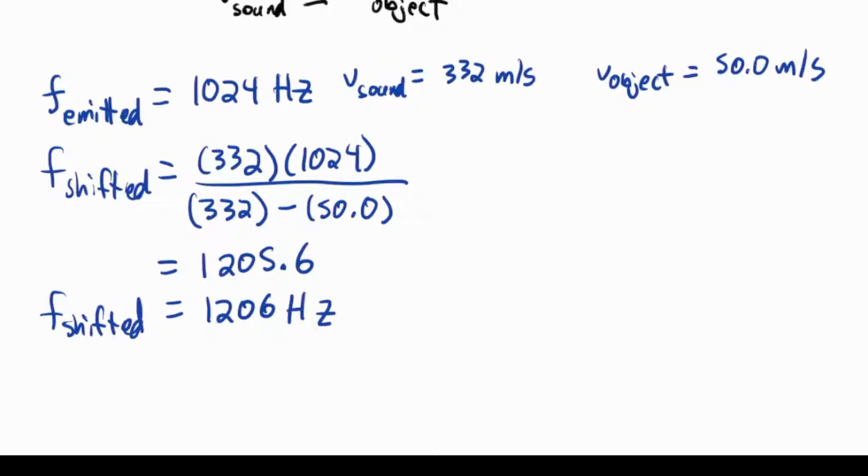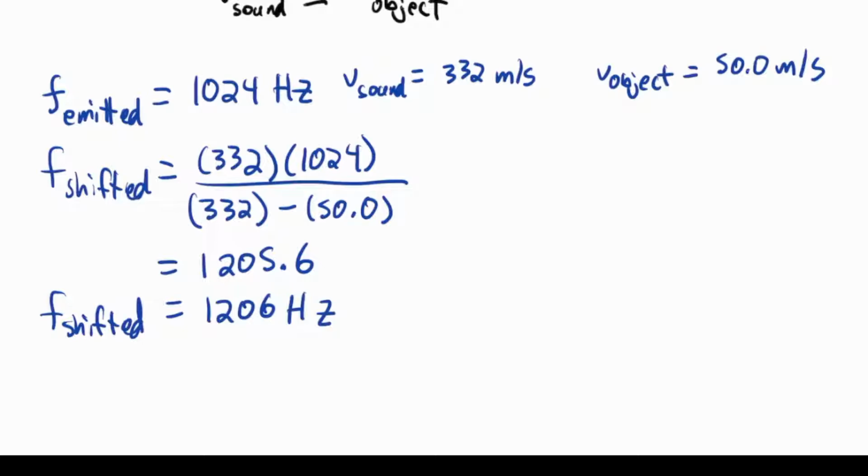Just like we expect from our previous experience, it's a higher frequency. It's not a lot higher. The actual source, the siren on the police car, is producing a tone at 1024 hertz. As it approaches us, it's not going that fast. 180 kilometers per hour is pretty fast, but it's not like a plane or anything. And so the shift is only going to be by 2 hertz.